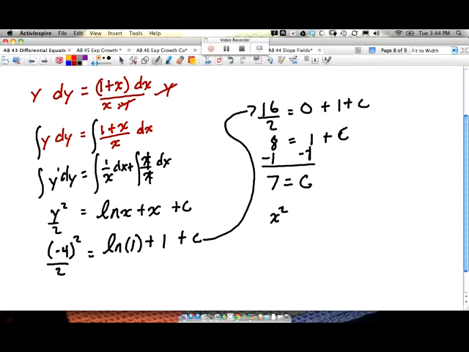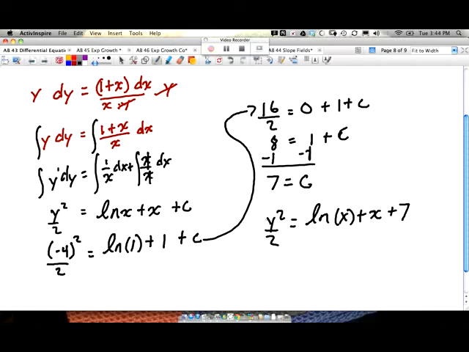We have x squared over 2 equals natural log of x. Oh, pardon me, that's not x squared over 2. What are we doing here? The inverse where we switch x and y? No, we're doing regular. Y squared over 2 is natural log of x plus x plus, what's c? It is 7.